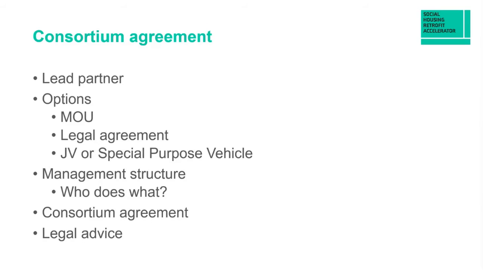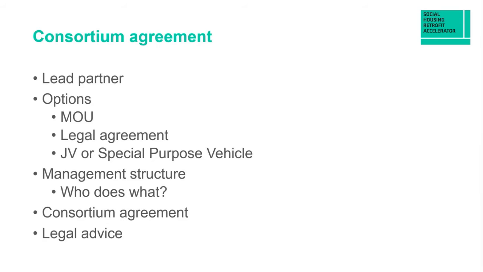You can have legal agreements that lay things down much more contractually. And in some cases, people have gone as far as creating a joint venture or a special purpose vehicle as a separate organization to deliver projects like these. So you've got to try and figure out where on that spectrum suits the kind of project you want to undertake. And that leads into the management structure: who does what?